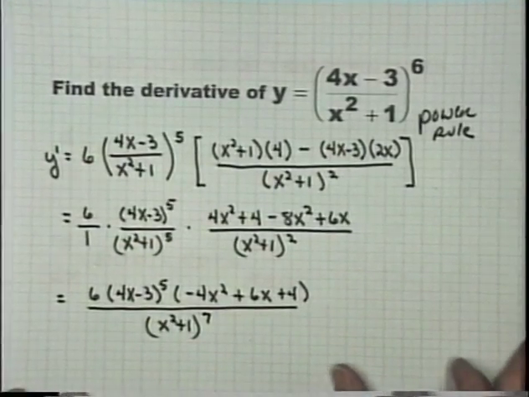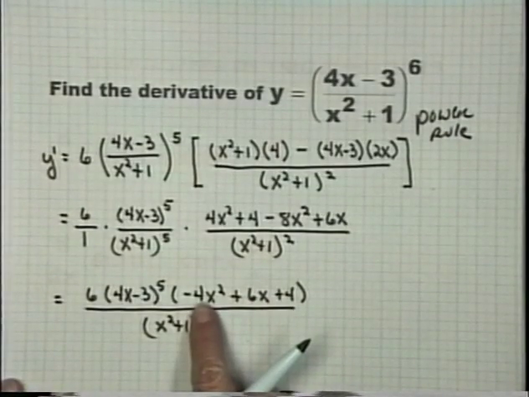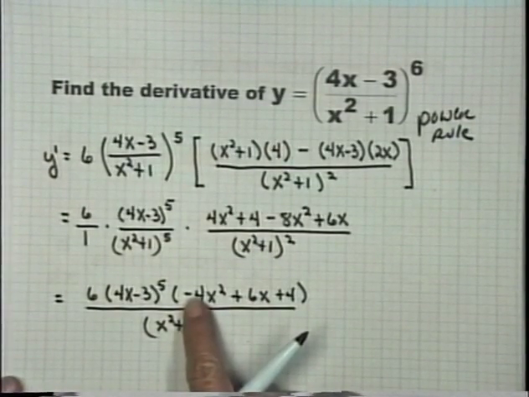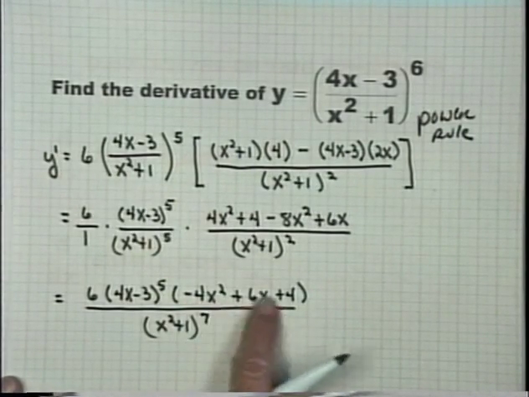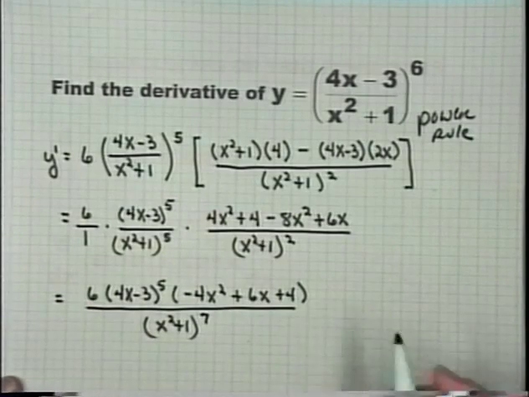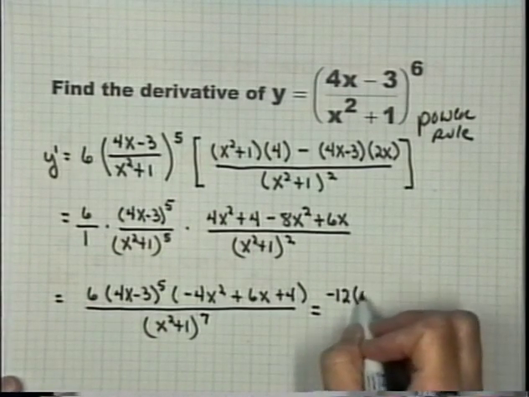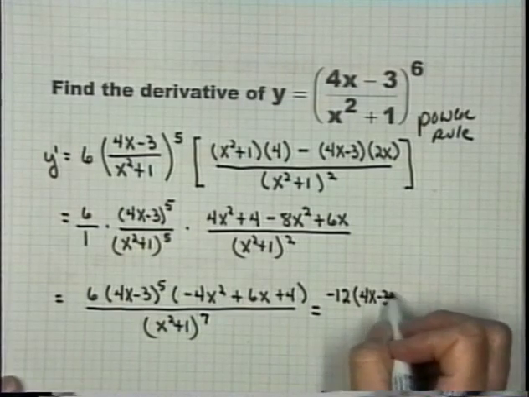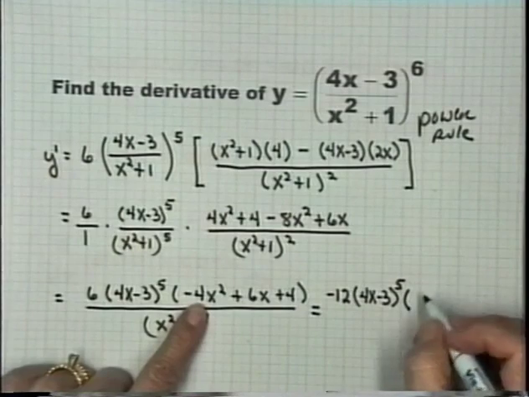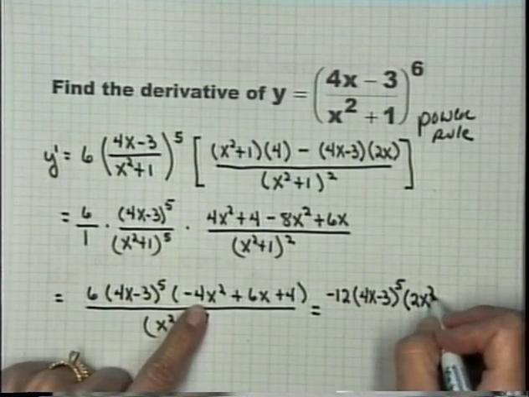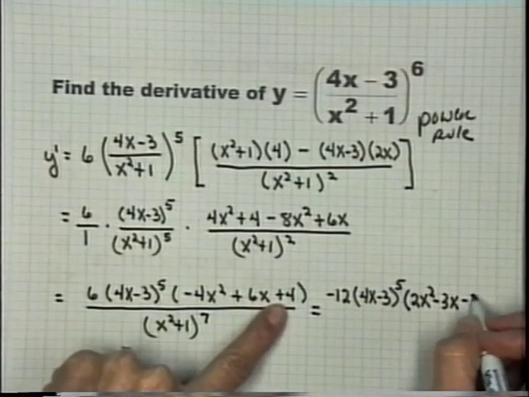Now, I'm going to go ahead, since I have a common factor here of 2, and I'm going to choose to multiply or bring out a negative 2 so that this will be a positive leading term here. So we're going to factor a negative 2 out of this and put with this 6 out here. So we'll get a negative 12 out front, 4x minus 3 to the 5th. And since we're factoring out a negative 2, this will be positive 2x squared minus 3x minus 2.